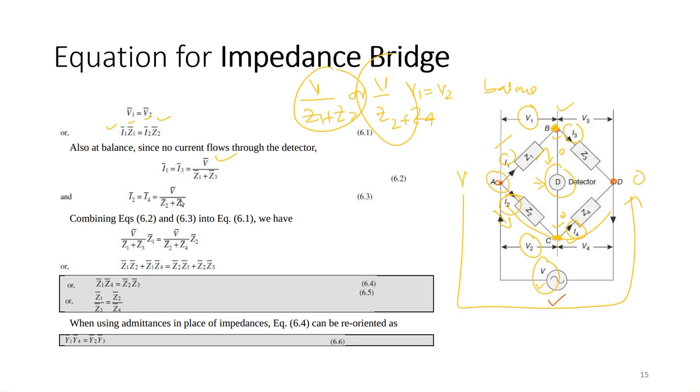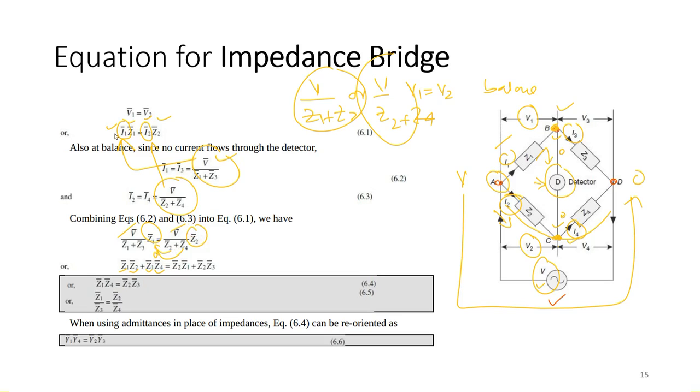Now put the values of I1 and I2 from these equations into it. So we put this here and this here, and we get V divided by Z1 plus Z3 into Z1, and V divided by Z2 plus Z4 into Z2. The V cancels out with V, and if we multiply this Z1 with this Z4, we get Z1Z2 plus Z1Z4.